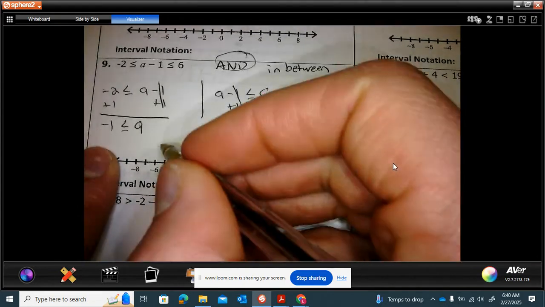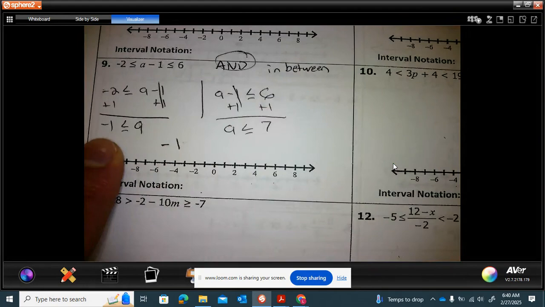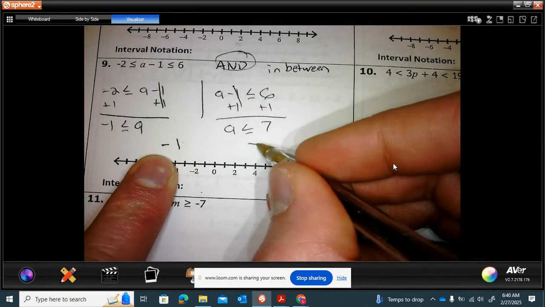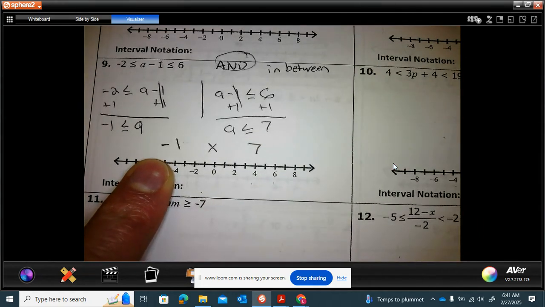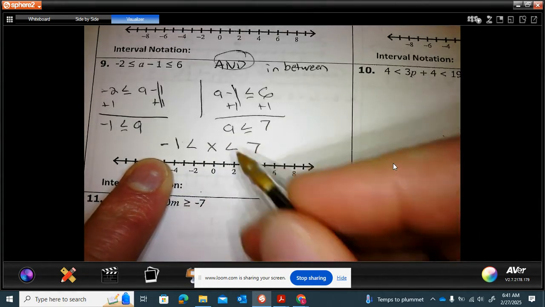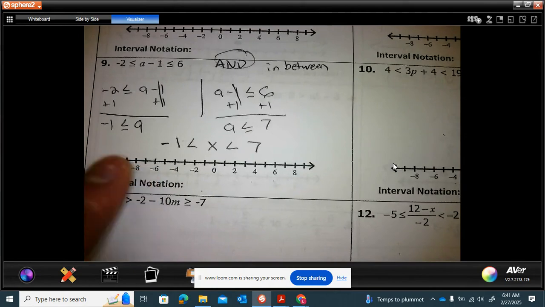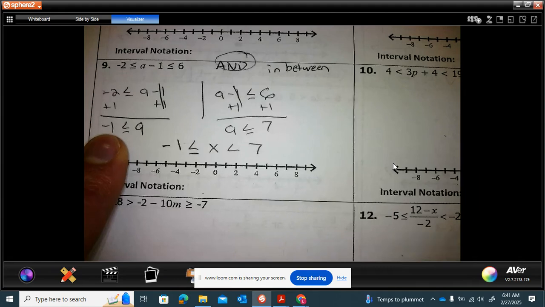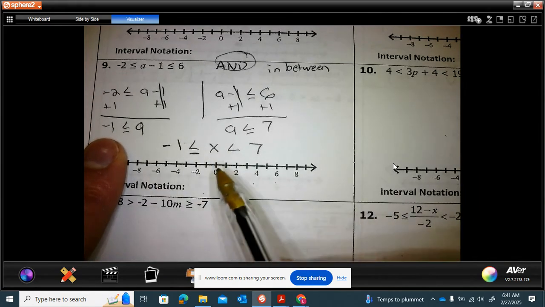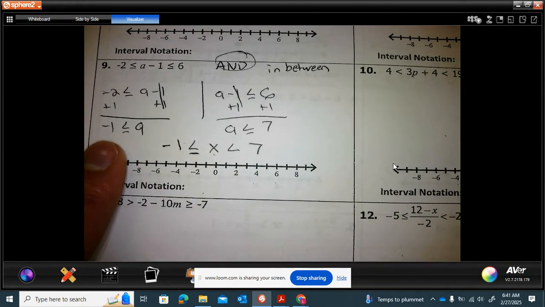So I'm going to start by rewriting. I'm going to put my smaller number first and my bigger number last. I'm going to put an x in between. I'm always going to have these symbols. And then at -1, there was a line underneath. Or I guess they're using a instead of x, so I guess that should be an a. That's my mistake.